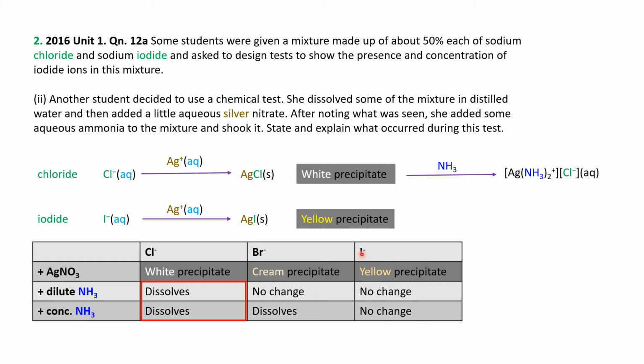Now, the silver iodide interaction bonds are too strong for the ammonia to break on in there, but when you've got the silver chloride interaction weak enough that the ammonia can pop on in, tell the chloride to get lost and complex to the silver ions, giving you this nice soluble ammonia silver chloride complex. Doesn't happen with the iodide.